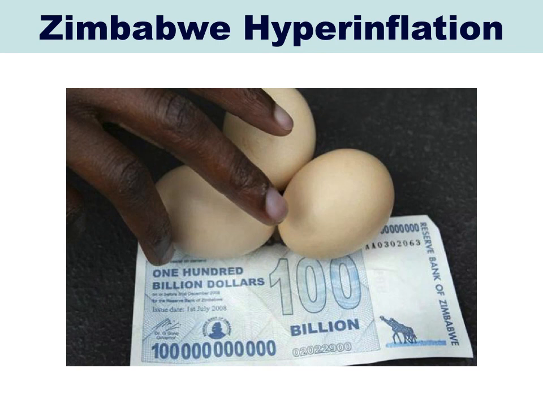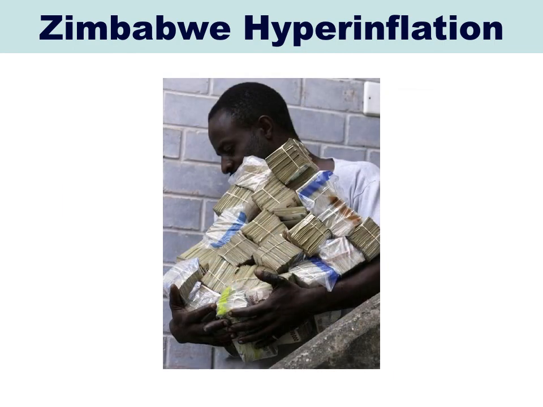And we also saw this more recently in Zimbabwe. Right? So 3 eggs, you've got to carry around a $100 billion bill. So, yeah, there's a lot of money being printed. Looks like this individual would like to buy a couple loaves of bread. And notice, there's no armored truck there because this money isn't really that much.